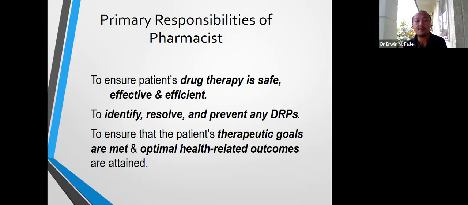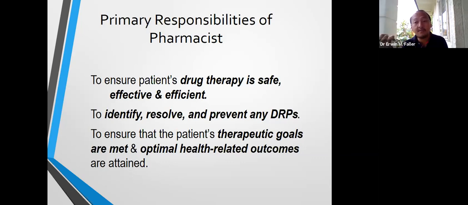The main goal is to make sure that the drug is effective, safe, and of quality for our patient, and that we resolve these drug-related problems.